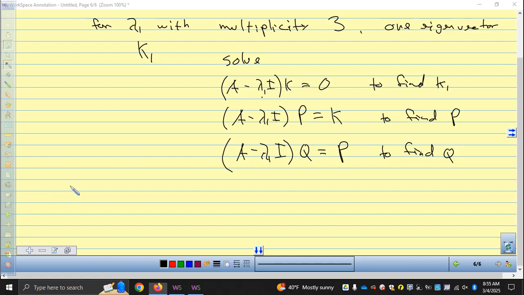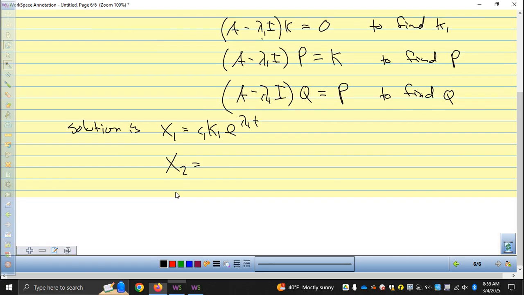And the solution is x1 is c1 k1 e to the lambda 1 t. x2 is c2 times k t e to the lambda 1 t plus p e to the lambda 1 t. That's the case that we just had.